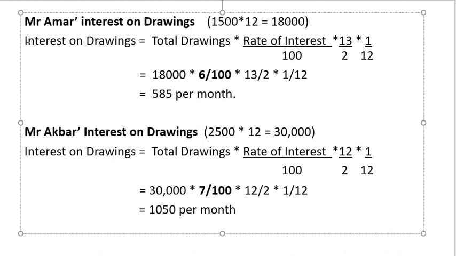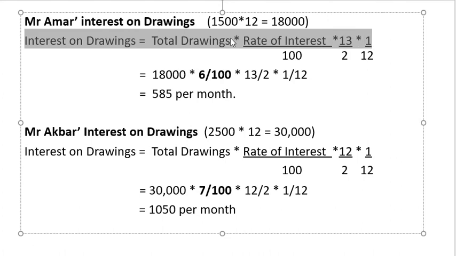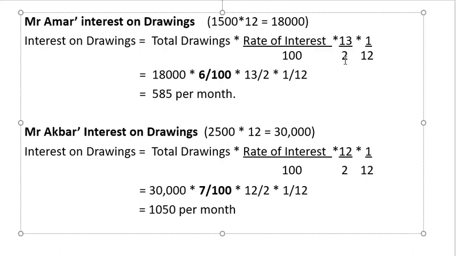Now apply the formula. Interest on drawings is equal to total drawings into rate of interest divided by 100 into 13 by 2 into 1 by 12. Since this is the beginning of every month, you should calculate 13 by 2 into 1 by 12. Total drawings we have calculated, 1500 into 12, that is 18,000.